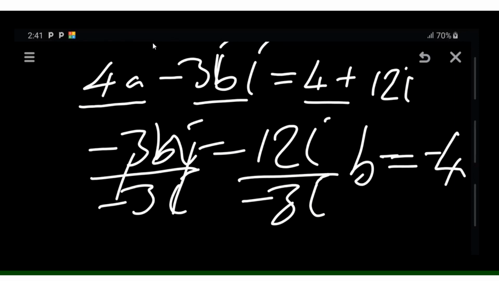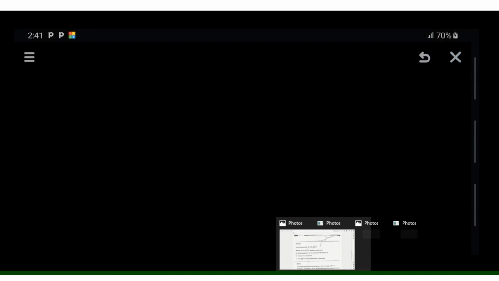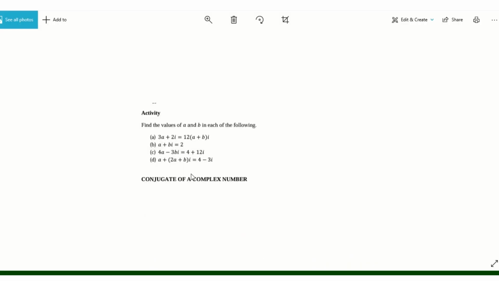Therefore we say a is equal to 1 and b is equal to negative 4. Fine, we go to the last question on this page.